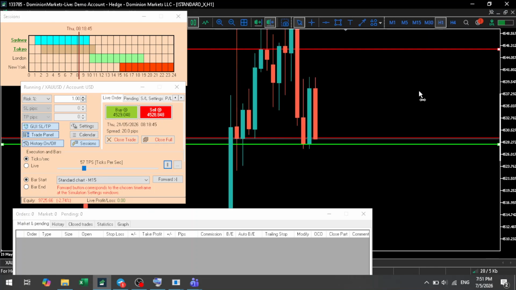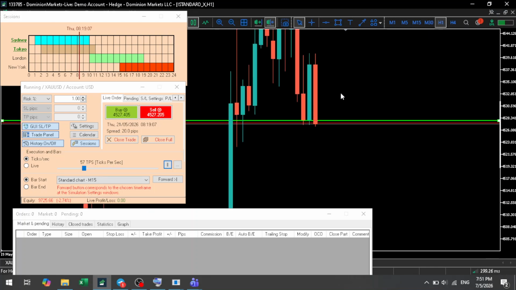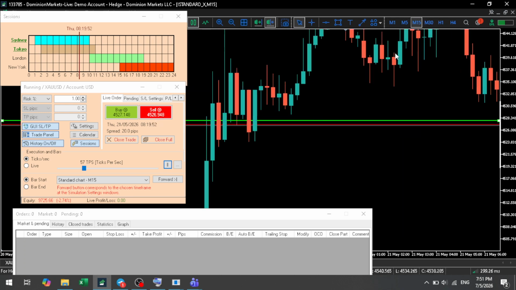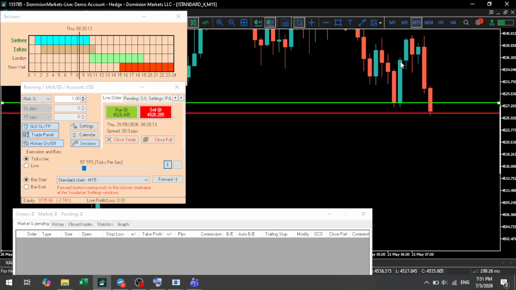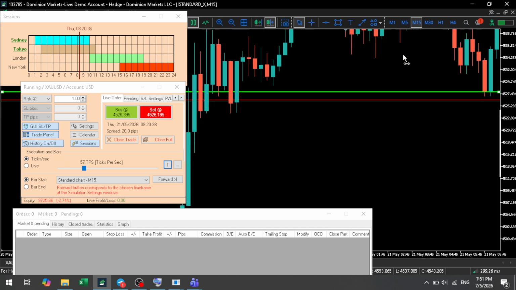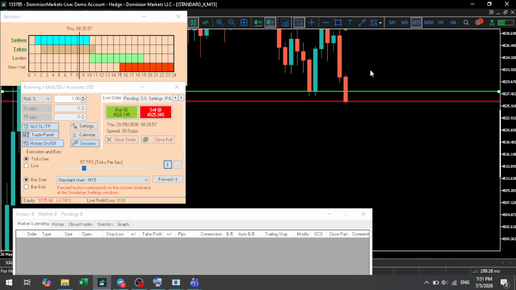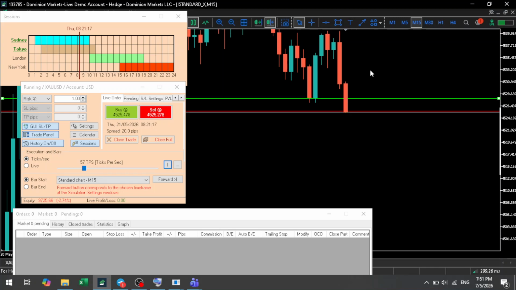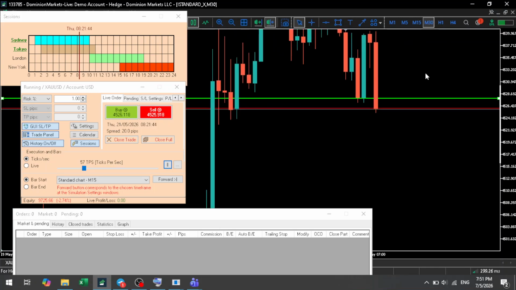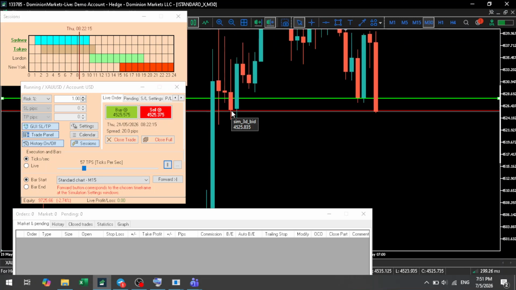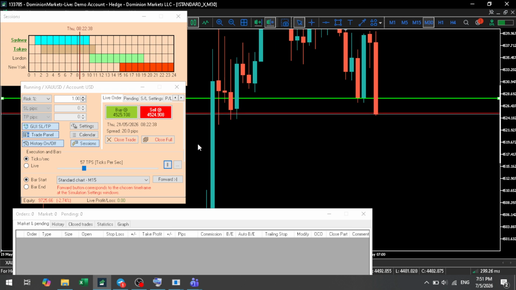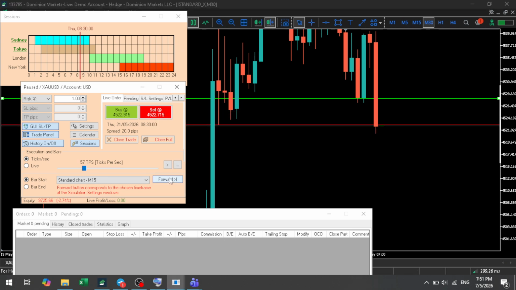On the 1 hour, it is trying to push down. Not interested currently. We need to get a candle close. Okay, we will have a 30-minute candle close below this, maybe. Let's see.